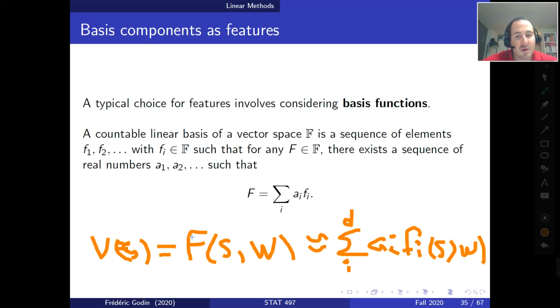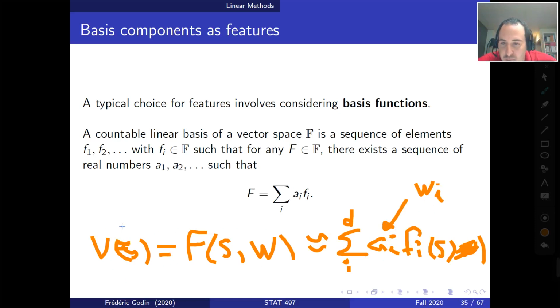So in this case, these coefficients are going to play the role of the weights w_i.